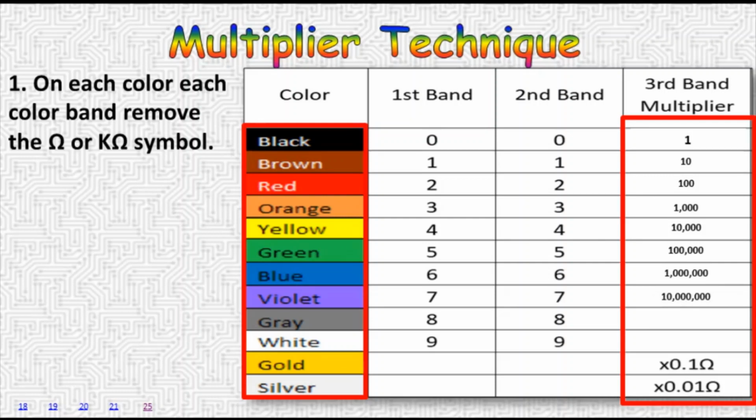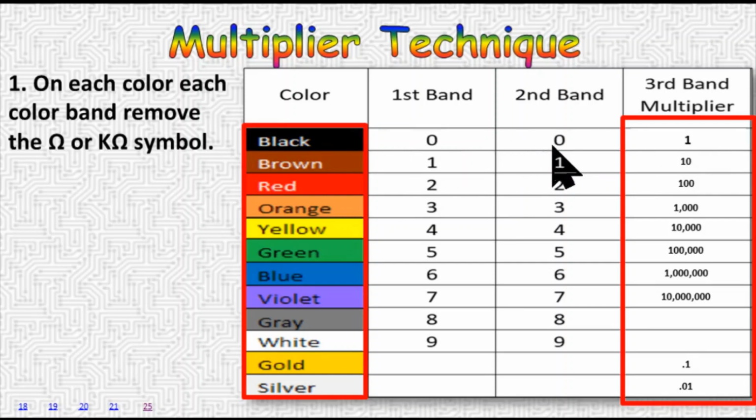And then yung ating gold and silver, gagawin nating decimal numbers. Okay? Yan. Ilalis din natin yung ohms at kilo ohms or mega ohms symbol nila. So tandaan ninyo, ganyan ang ating gagawin. No? Papansinin nyo ngayon siya. Kung mapapansin ninyo, sa black, wala siyang zero.